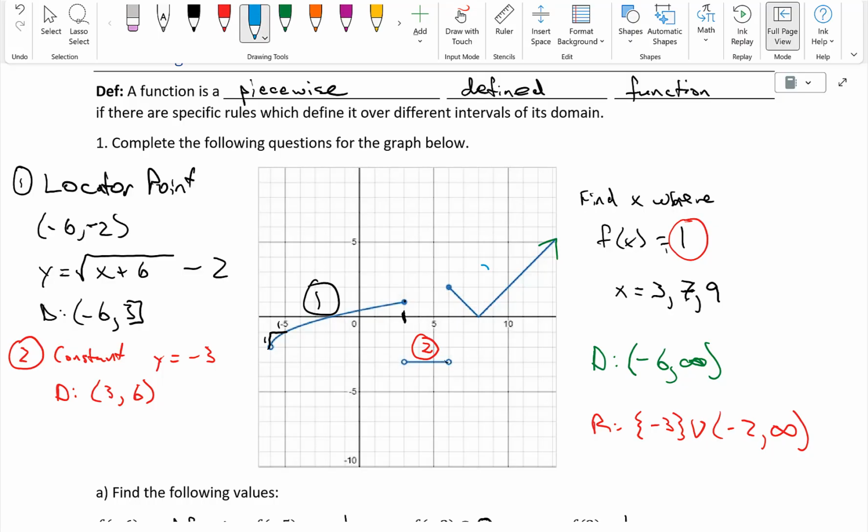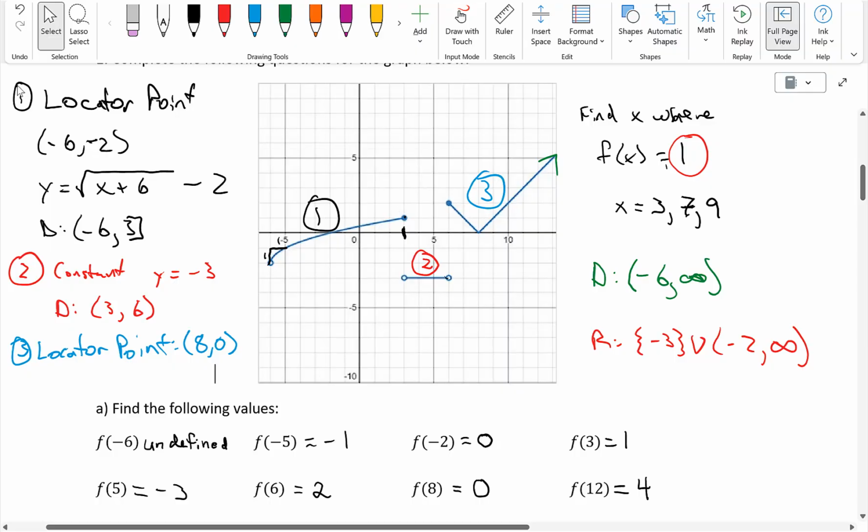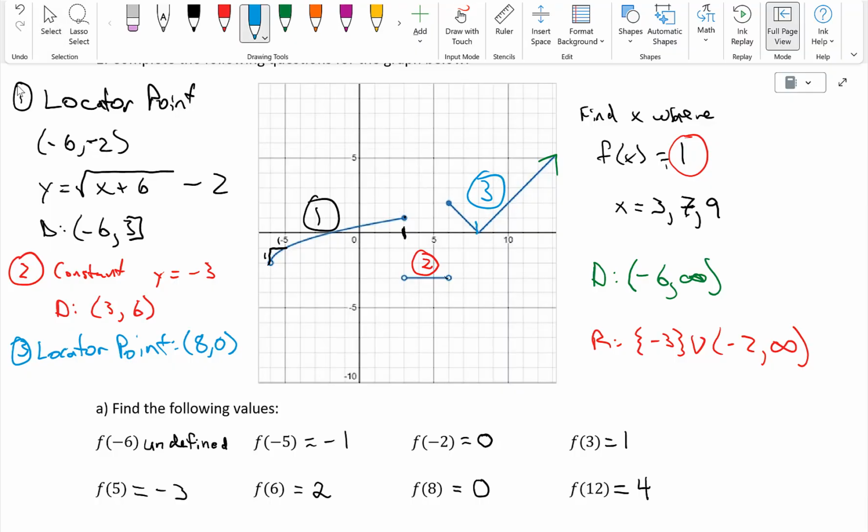And then our third piece over here is an absolute value function. So again, we want our locator point to see where our shift went. For that one, we are at 8, 0. So we shifted 8 units to the right, none up or down. You can see still the 1, 1 slope triangle like for our original function, so no stretch.